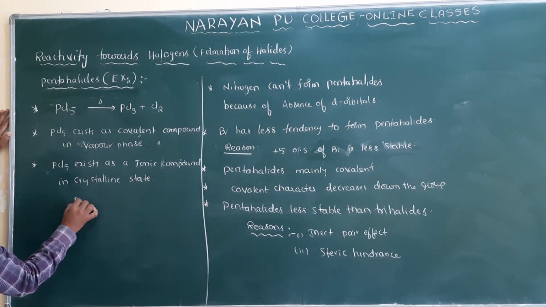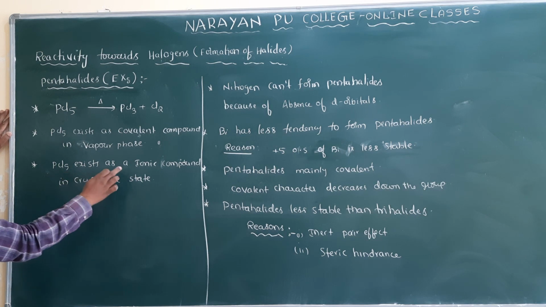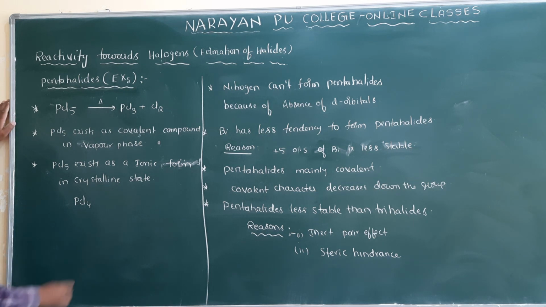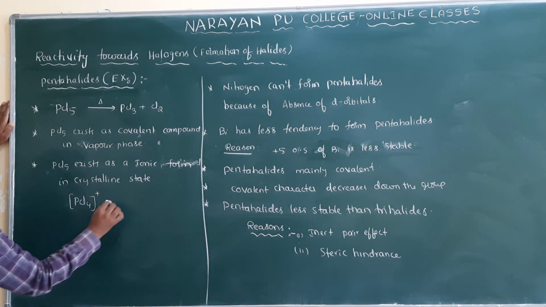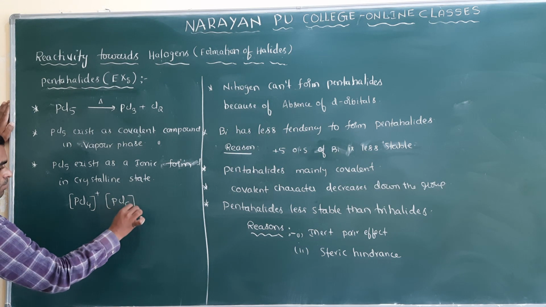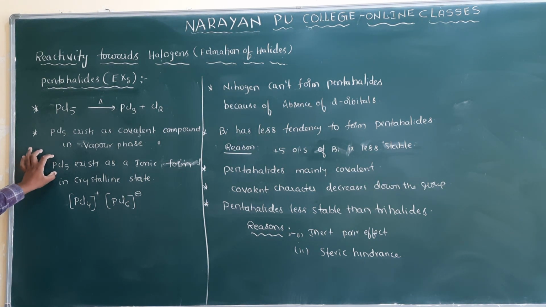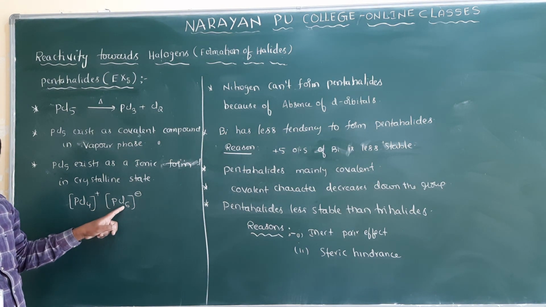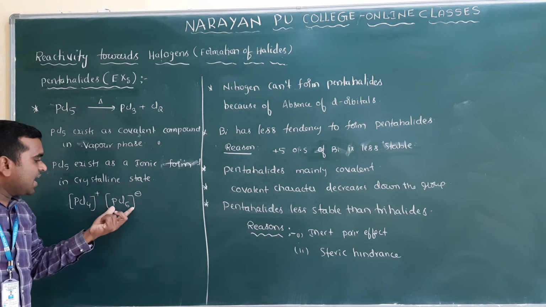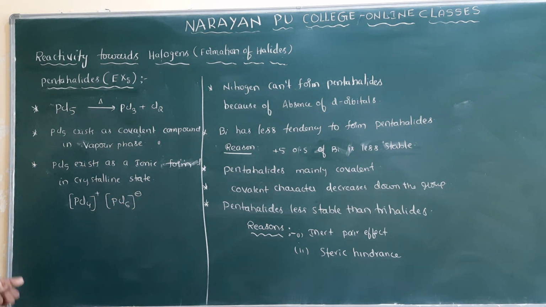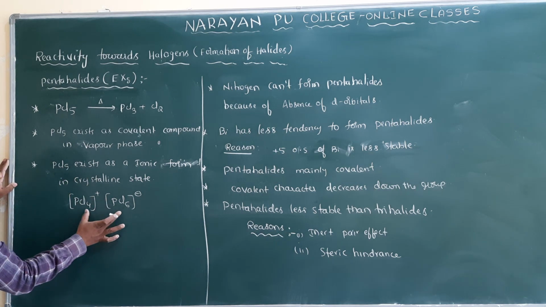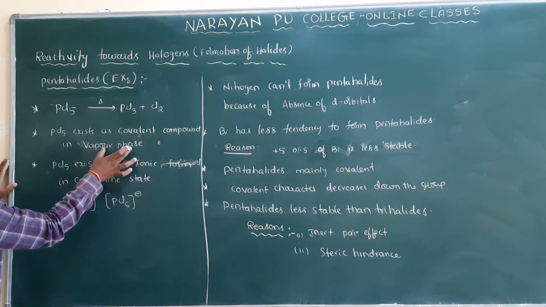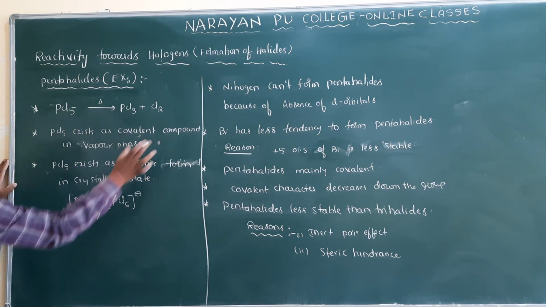It exists in the ionic form in the crystalline state: one is PCl4+ and the other is PCl6-. This is PCl5, in the dimeric form P2Cl10, like PCl4+ and PCl6-. So PCl5 exists as an ionic form in the crystalline state, but in the vapor phase it exists as a covalent compound.